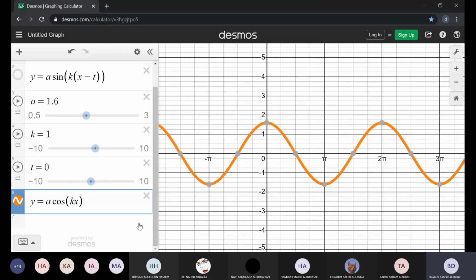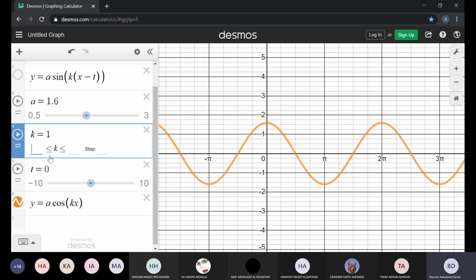All right. Now, everybody, we have cosine of kx. You see that? Cosine of kx. Now, k is going to change, maybe let me change the limits. Let's say k will be minimum 0.5, right? And let's say maximum is maybe 2. Okay?